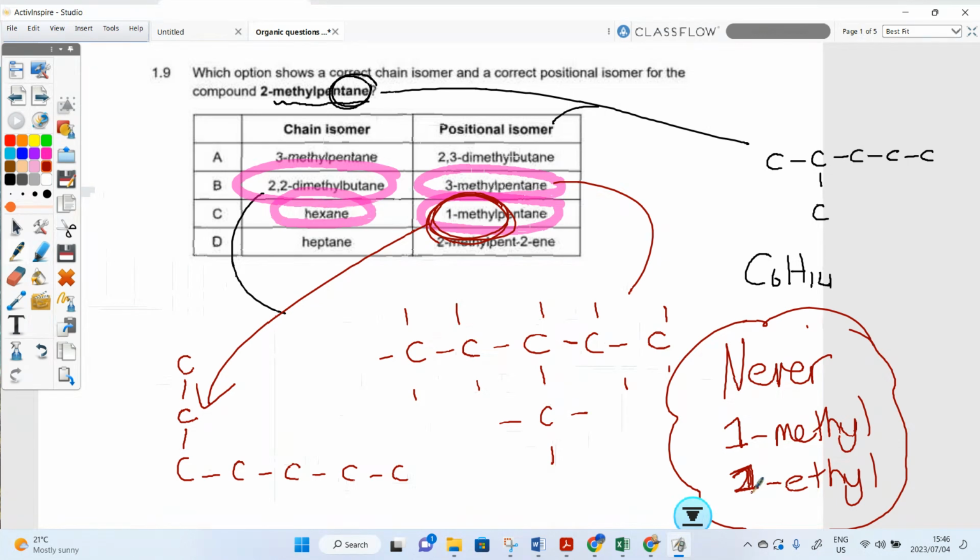You can have 2 ethyl. Let's draw it. If I do this, 2 ethyl, can that exist? No, because that becomes the longest chain. So I was actually right. So you can't have 1 ethyl or methyl, but you also can't have 2 ethyl. Can't have that, because it will mess with your longest chain.